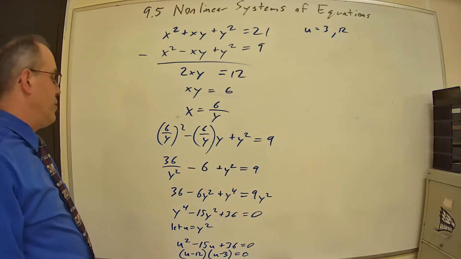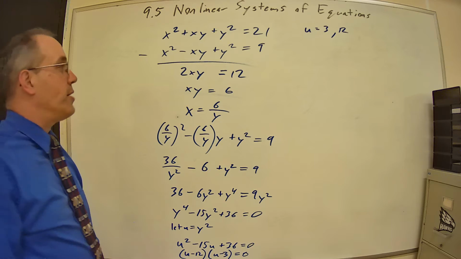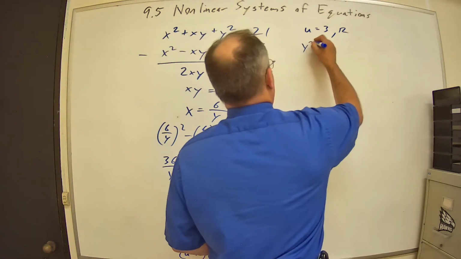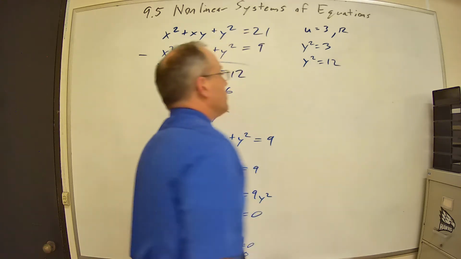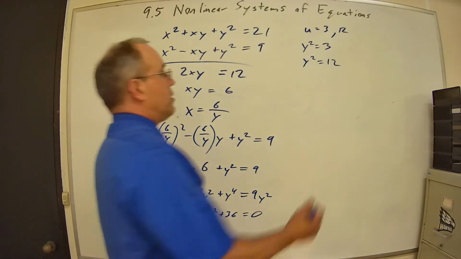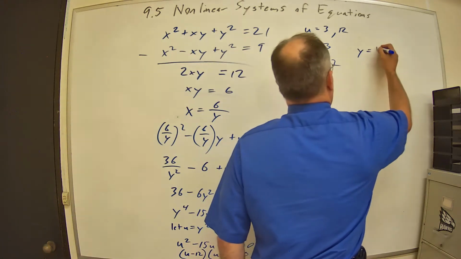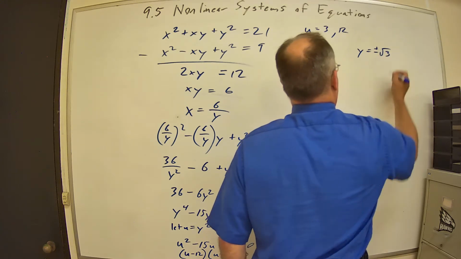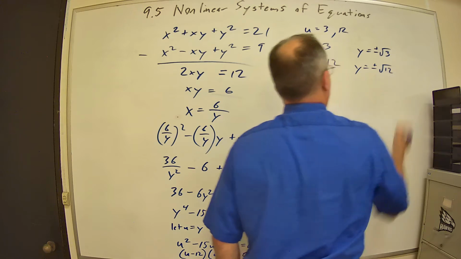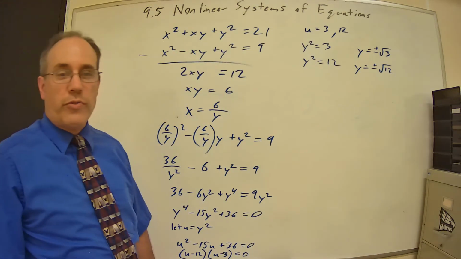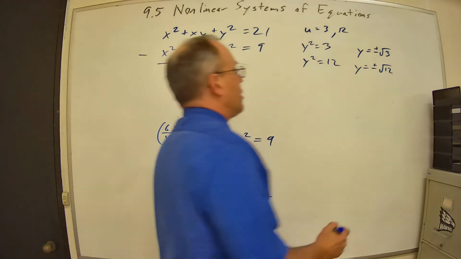So I've got those two u's. Well, u's equal to what? Y squared. So y squared is equal to 3, and y squared is equal to 12. So y is equal to plus or minus the square root of 3, and y is equal to plus or minus the square root of 12. Well, the square root of 12 is 2 square root of 3.